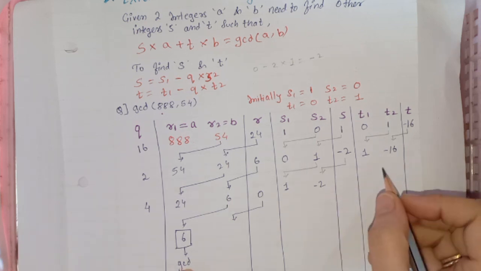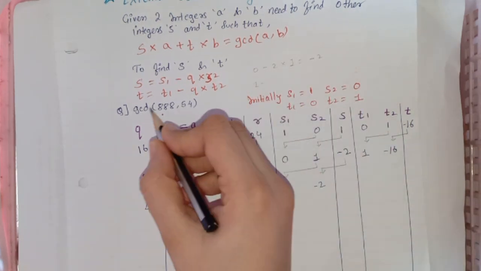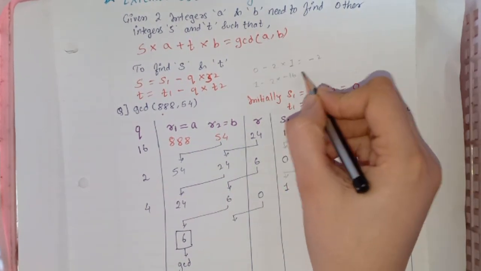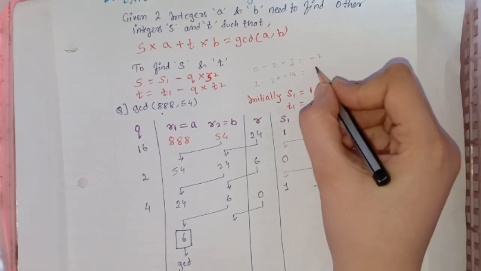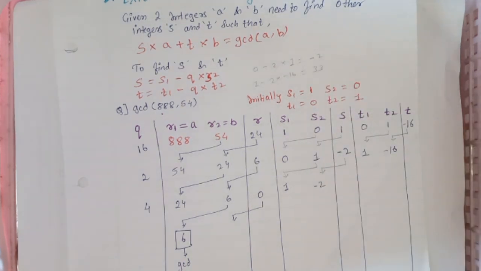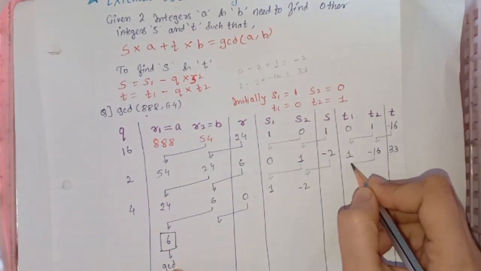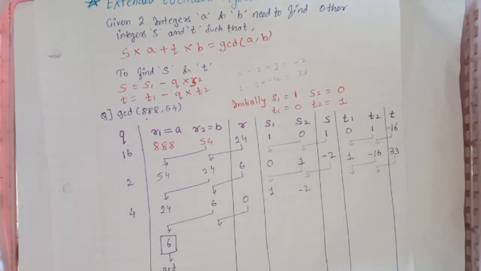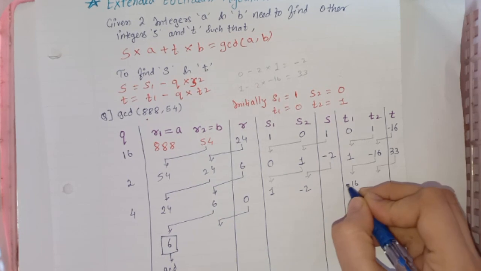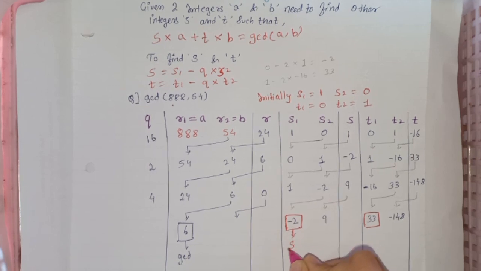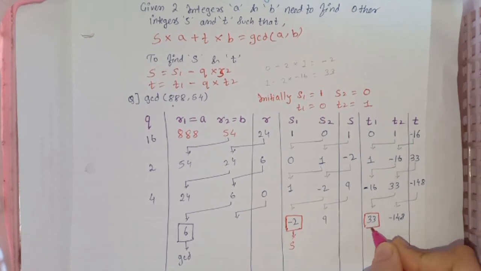Again we'll calculate T. So 1 minus quotient 2 into minus 16, so we get 33. Again now this term shifts here, this term shifts here. So we get minus 16 and 33. Similarly, after calculating, we reach the end. So here this S1 we get, that is our S, and here we get T1, that is our T.